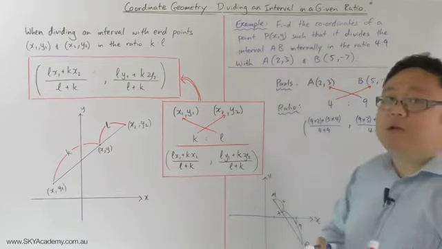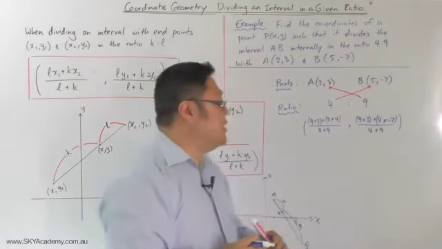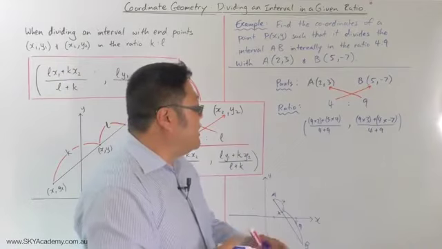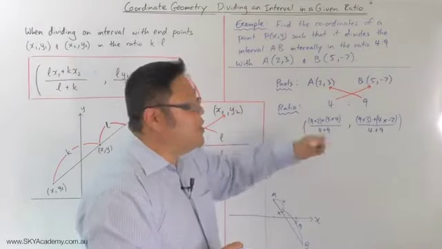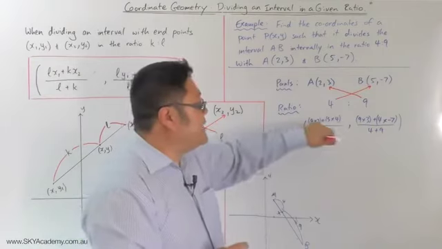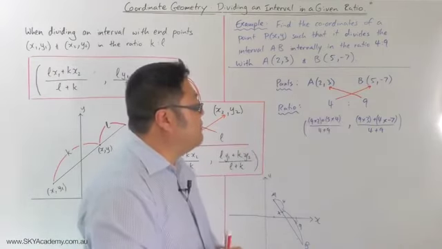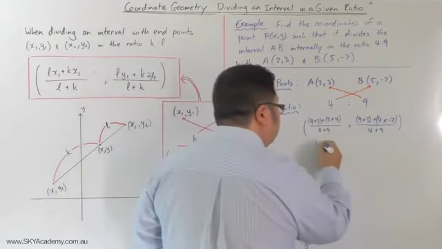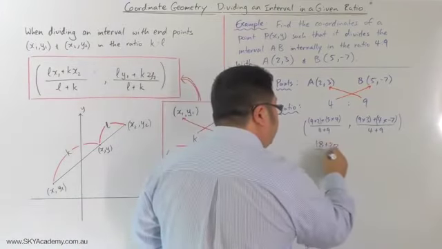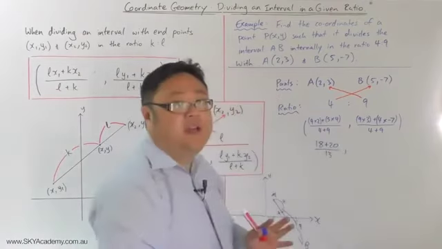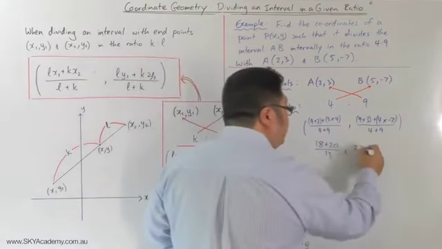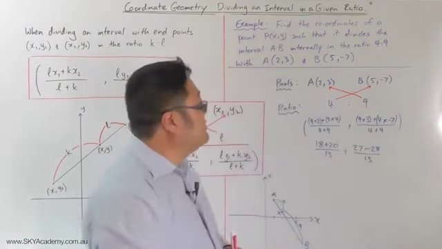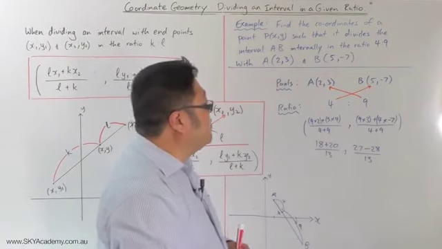Let me stand over here so I can write more comfortably. 9 times 2 is 18, plus 5 times 4, which is 20, so it's 18 plus 20 all over 13 on one side. On the other side, you've got 27 minus 28 all over 13.